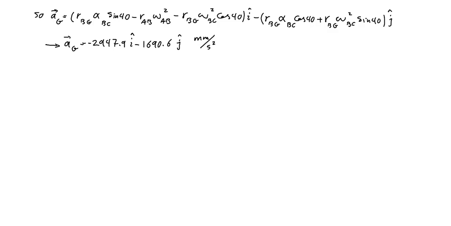So that's the acceleration of the center of gravity. Step 1 complete. Now let's draw a free body diagram, a kinetic diagram, and see what we have. Let me start with link BC, because I want to know what are the forces applied at point B.